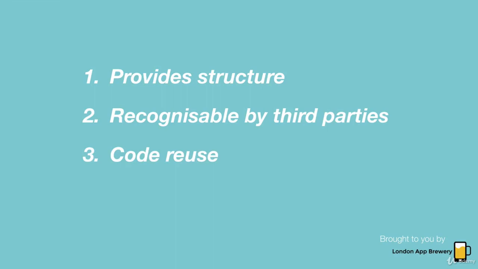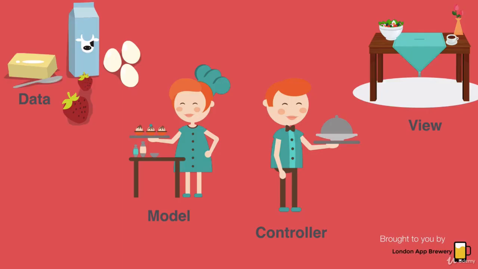Thirdly, it allows for code reuse. So you'll notice that in the MVC design pattern, the model and the view never communicate with each other directly. As a customer, you can't just run into the kitchen and grab what you want and eat that, because it would be chaos. And the advantage of that is that you can easily change the data without affecting the rest of the code.